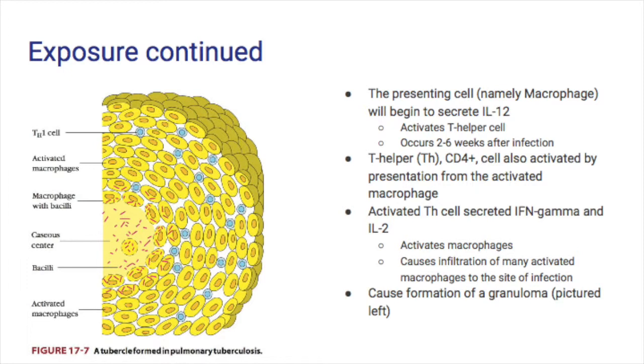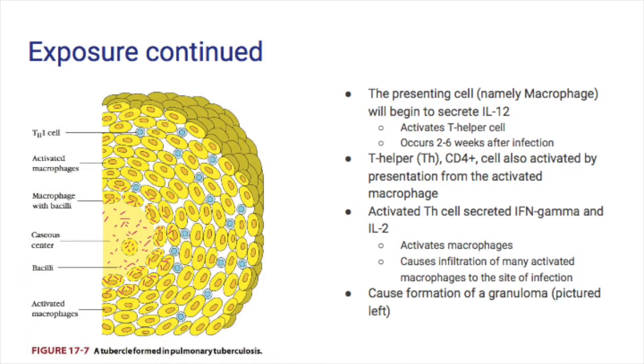This occurs about 2 to 6 weeks after the infection, after that initial exposure. That T helper cell, which is CD4 positive, is also activated by the presentation from that activated macrophage, as we showed in the last slide. That MHC class 2 will present the broken up bacteria to the T helper cell, and the IL-12 will act as the second signal, and this T helper cell will become activated.